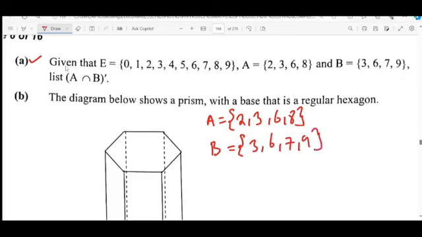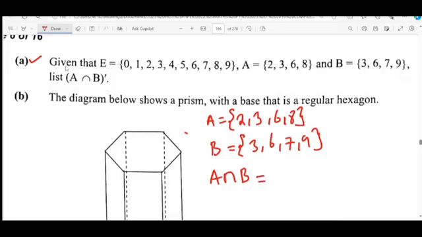Now from here, we need to find A intersection B, because they have said list A intersection B in brackets, then complement. So before we come to the issue of complement, we need to find A intersection B. A intersection B means elements that are found both in set A and set B.